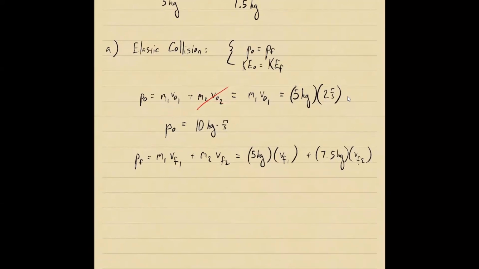So 5 times our final velocity for ball 1 plus 7.5 times our final velocity for ball 2 is equal to 10 meters per second, where I've divided through by 1 kilogram to get rid of units of kilograms. And so this is going to be equation 1.